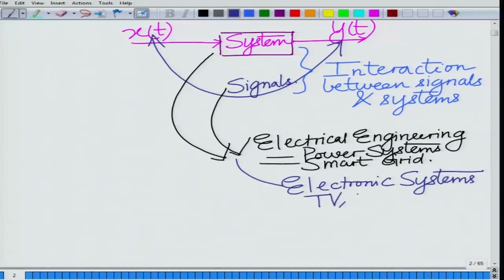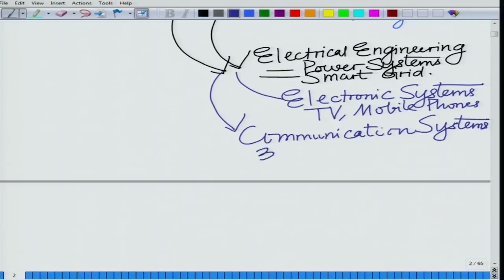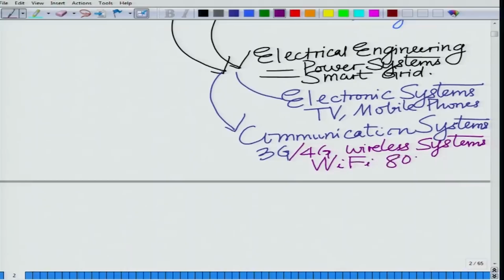You can have applications in communication systems, such as 3G, wireless systems, or your Wi-Fi such as 802.11x systems.